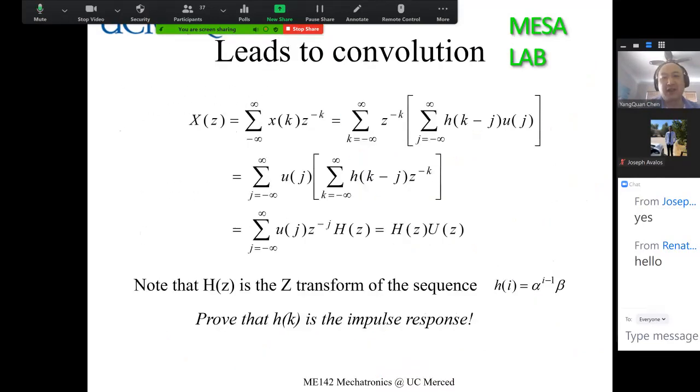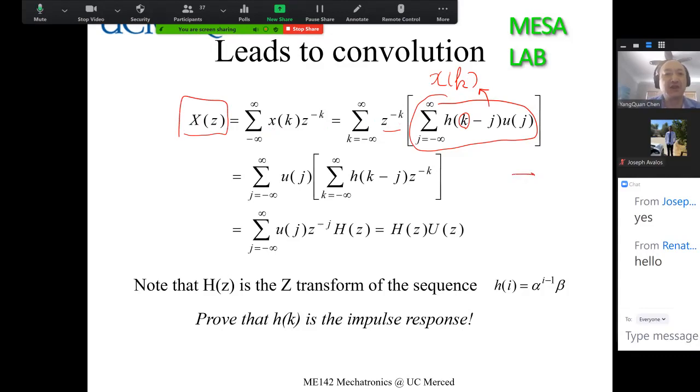So remember, this is my x n, actually x k, because this is k. So x k z to the minus k is x z.